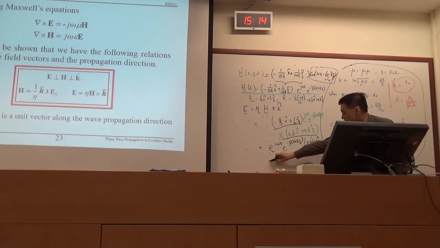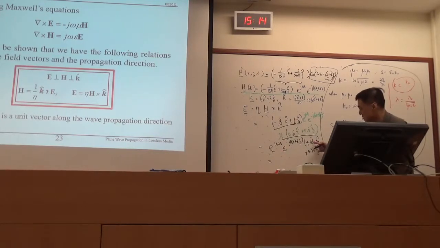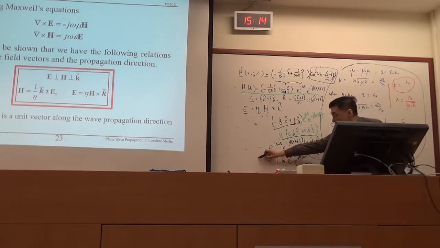So that gives me 0.6 Y is equal to 1. Y e^(j omega t) e^(-j(6x plus 8z)). So this is my phasor form for E.